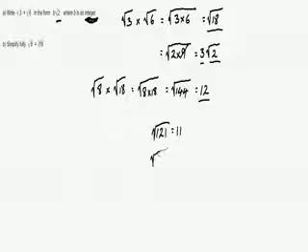The root of 144 is 12, because 12 12s are 144. And the square root of 169 is 13, because 13 times 13 gives you 169. So these three are worth remembering.